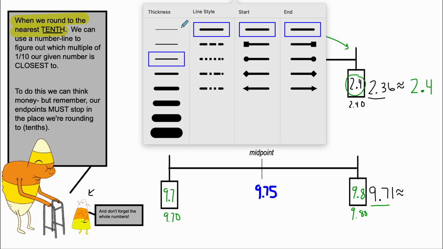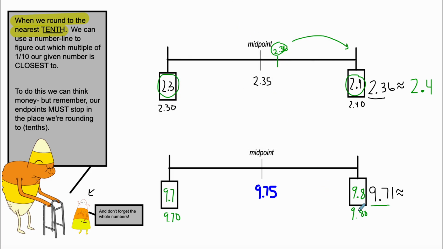Cool. So now we're going to think, all right, self, is $9.71 before the midpoint, on the midpoint, or after? 71 cents, $9.71, that's less than $9.75. In fact, it's only 1 cent more than $9.70. So it's about right here.